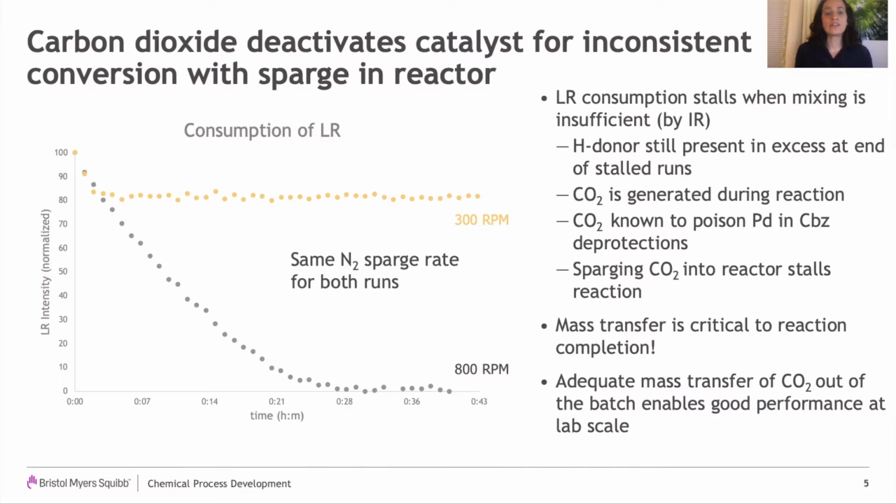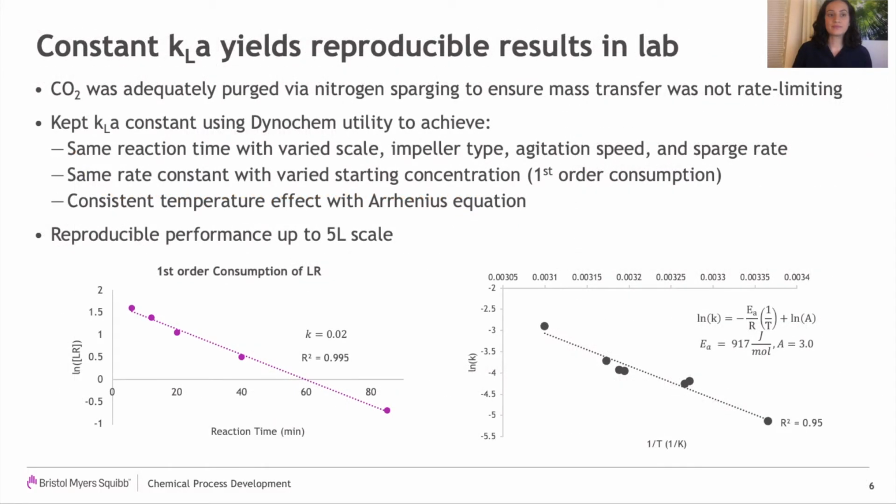So taking this good case where we saw good performance with 800 RPM, then we looked into the mass transport coefficient, KLA. If we kept constant KLA across different batches, different sizes, all lab scale, we got reproducible results in lab.